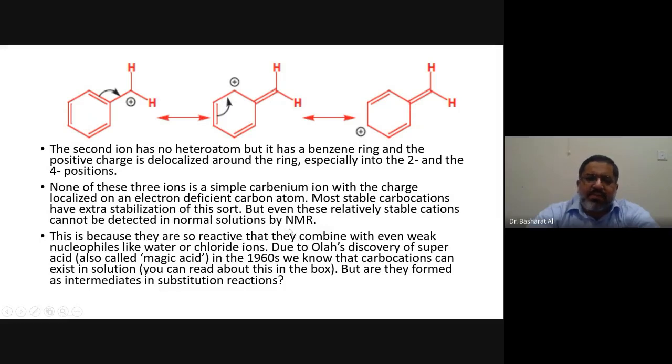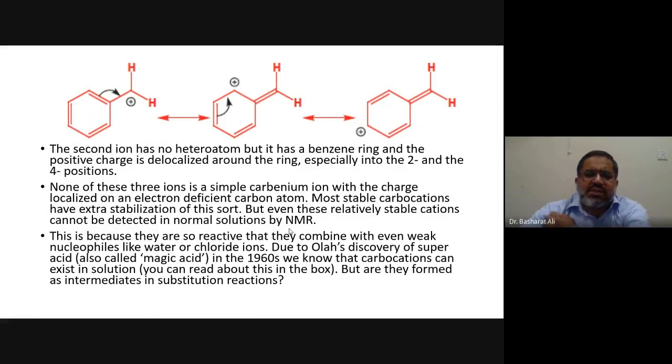Now, NMR is a spectroscopic technique used for structure elucidation of molecules, and sometimes it is also used to understand the reaction mechanism.